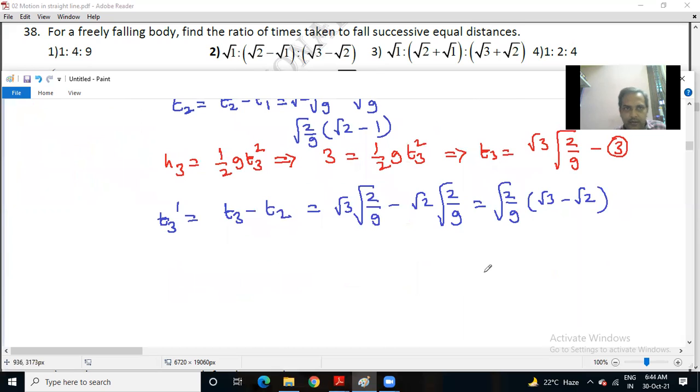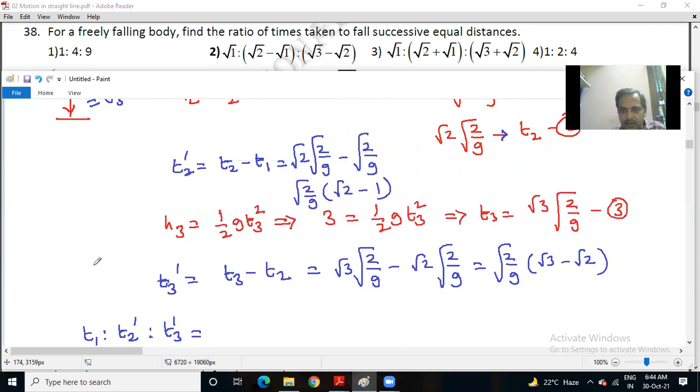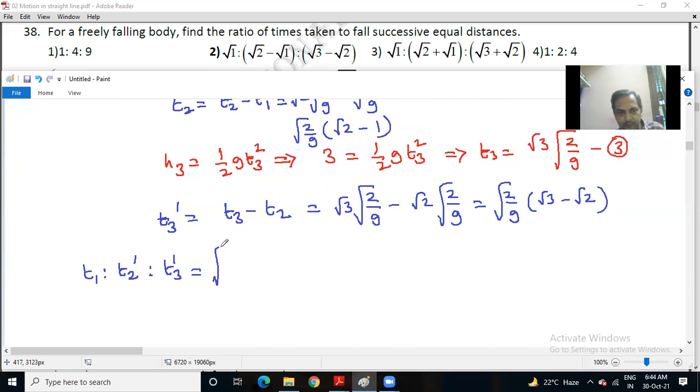Now the final step, time taken to travel successive distances. Let me write T2 dash. Of course, T2 dash is included with T2 minus T1 only. So what did you get for T1? It will be just under root 2 by G. What did you get for T2 dash? It is under root 2 by G with the root 2 minus 1.